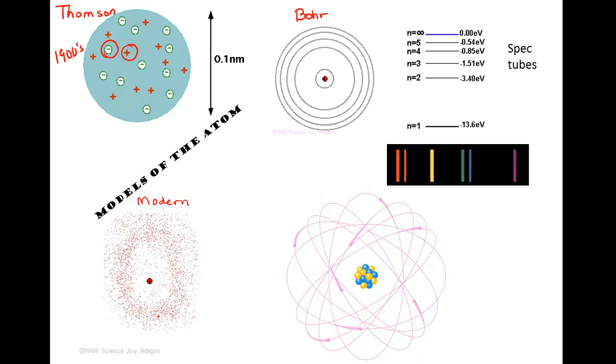Like charges repel and unlike charges attract. So they thought that they were just sort of distributed like you would have chocolate chips and nuts in a cookie.